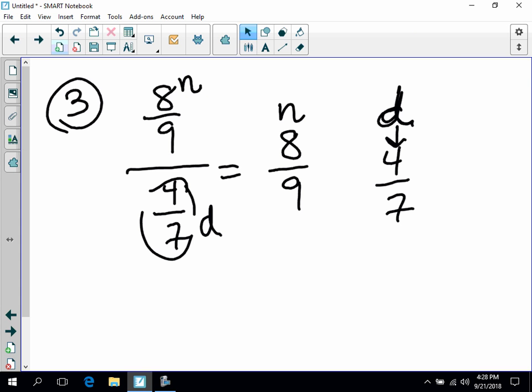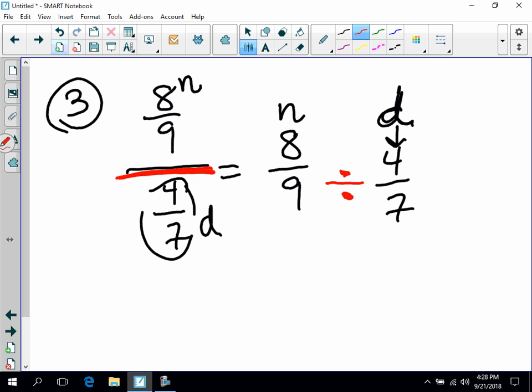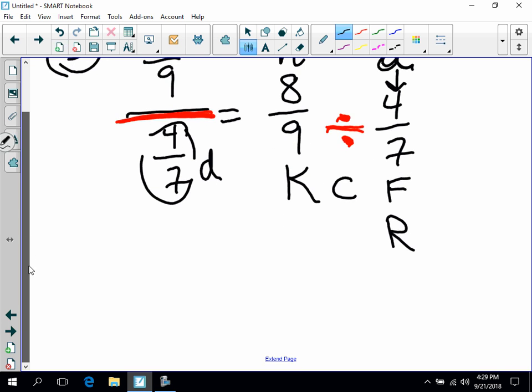The next step is to replace the fraction bar with a regular division symbol. Below this, I'm going to record keep, change, flip, or you can write keep, change, reciprocal. I keep the 8/9.